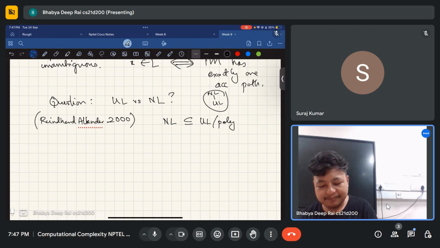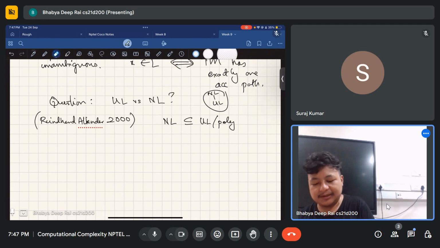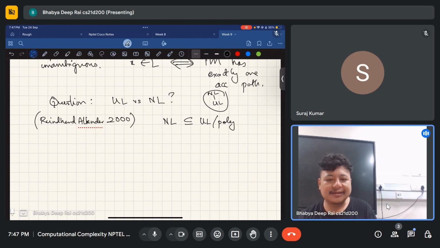NL is contained in UL/poly, and this is what they showed in 2000. Probably NL and UL are very close, but of course it is with an advice. If you remove the advice, then it won't work. But under an advice, they are the same. NL is equal to UL.